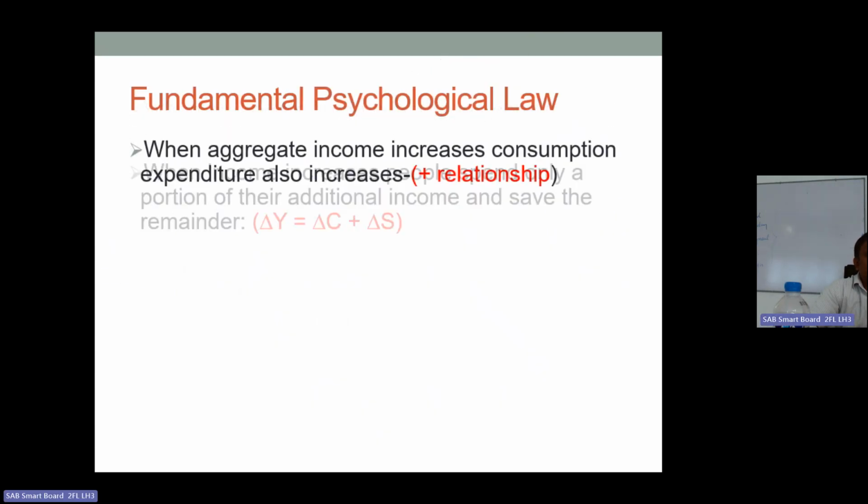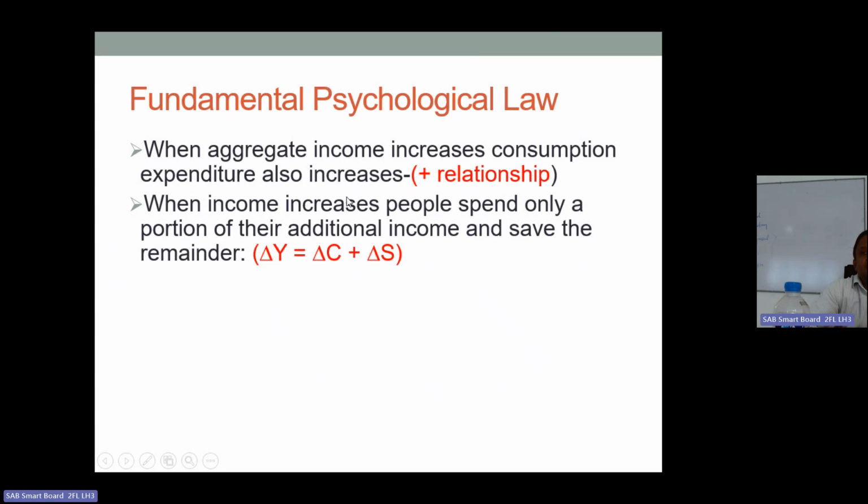One is the relationship between consumption and income. It assumes a positive relationship. When aggregate income increases, consumption also increases. Normally, as our income level increases, consumption also increases.